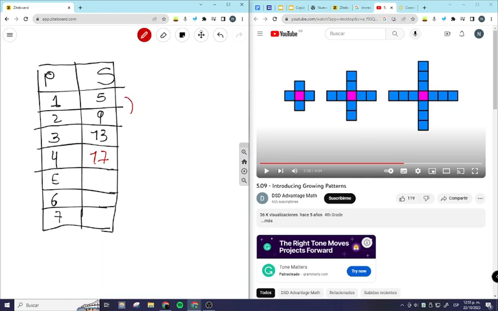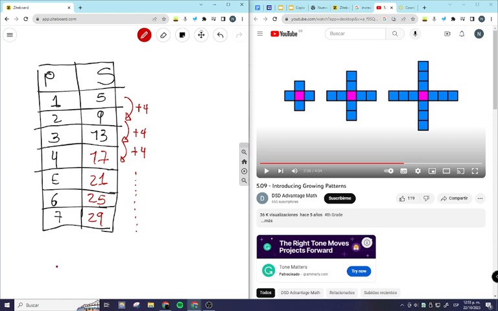Because you notice the common difference, because you know that from here to here you're adding 4, from here to here you're adding 4, so you can predict the next one, which is going to be adding 4, and so on. It's going to behave in the same way. So the next one is going to be 21 squares. After that, you are going to get 25 squares, and after that you are going to get 29 squares, and of course it can continue on infinitely, but we are going to stop here for the sake of this exercise.